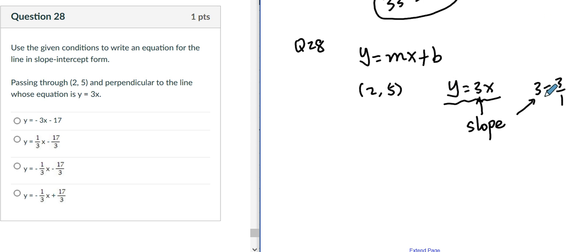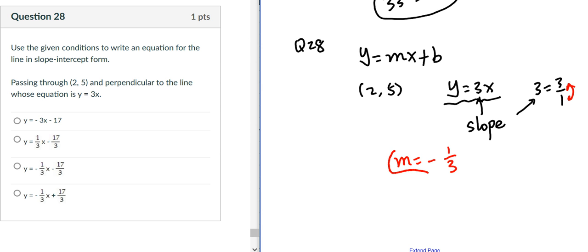What I said before is you want to flip this number. That will be 1/3, but that's not enough, you also need the opposite sign.